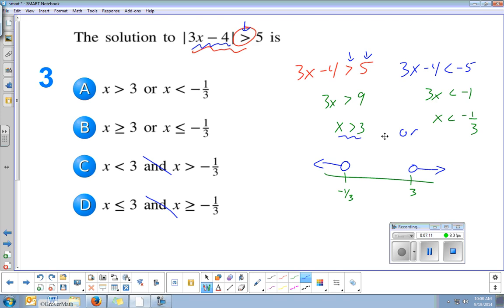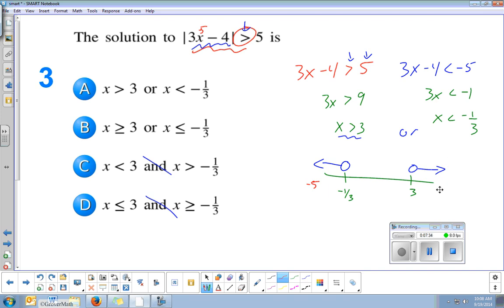It is an or statement, because what we're saying is that the values of x, like if you plugged in any number over here, like negative 5, 3 times negative 5 is negative 15, minus 4 is negative 19, absolute value makes it positive 19, which is greater than 5. So all the numbers over here work, or we could pick a number over here.